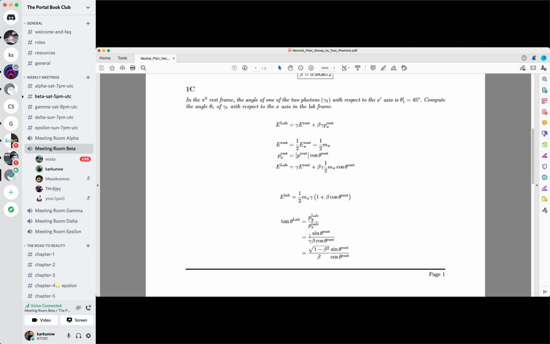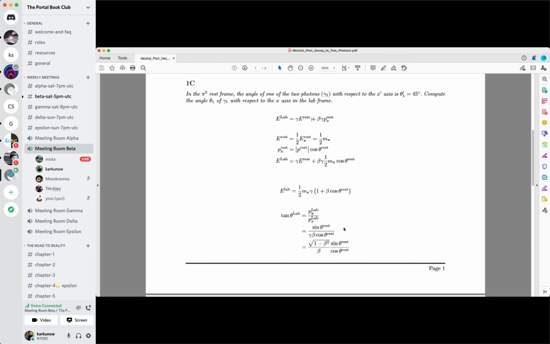It seems that's the right moment to use the second part of the Lorentz transformation, right? The part for the momentums. Correct. Yep. So this is where we would use the fact that it's in the XY plane. The P lab will be the inverse Lorentz transformation of P rest. So we'll get a very equivalent description as up here.